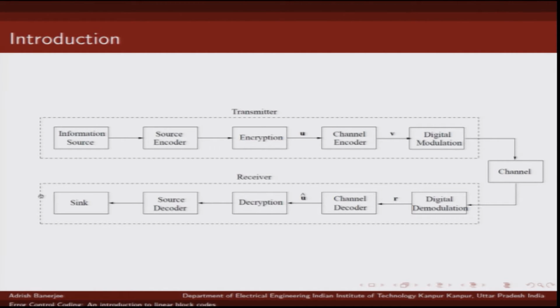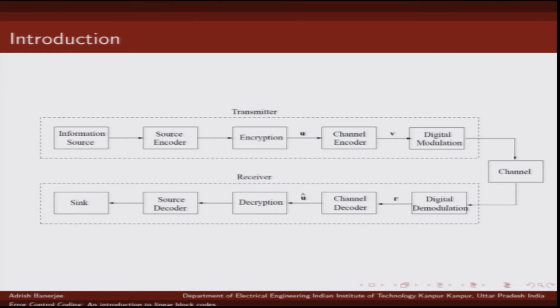So, that is in a nutshell the broad block diagram of a digital communication system. You can see in this course we are interested in this block, and of course, we are interested in the channel block as well, because our error control coding strategy depends on what sort of channel we are sending our information bits over.